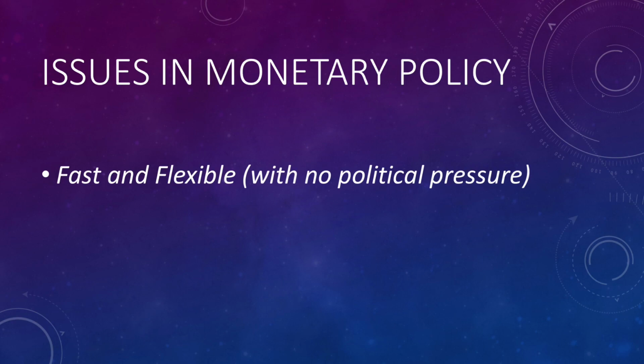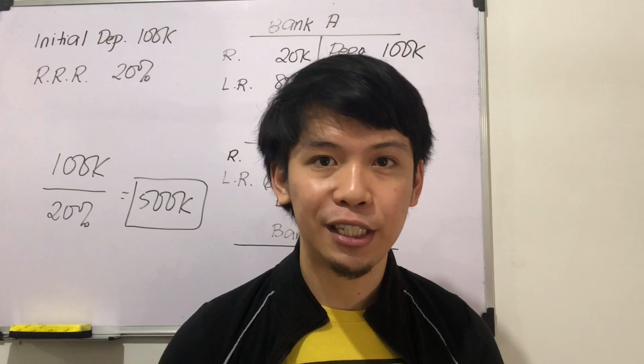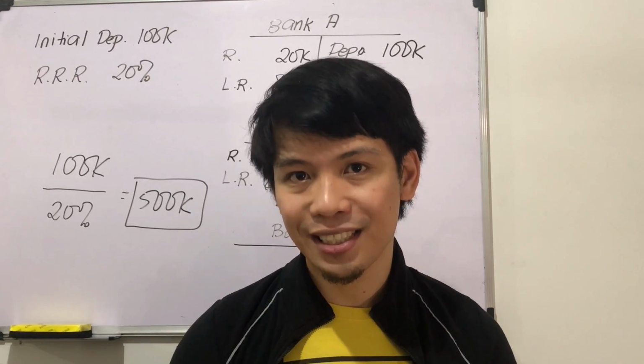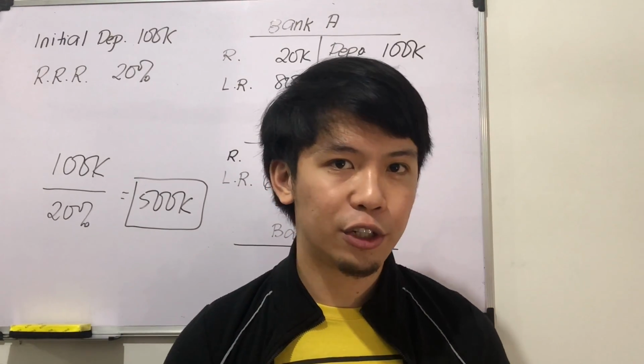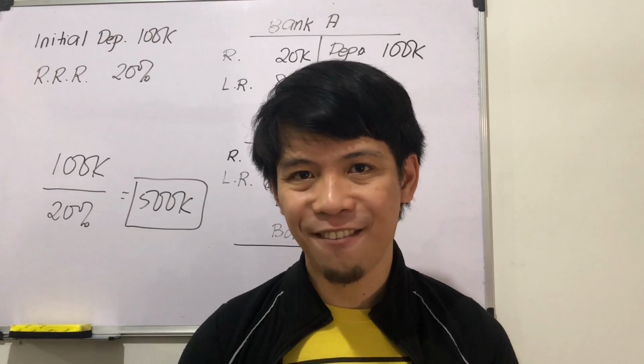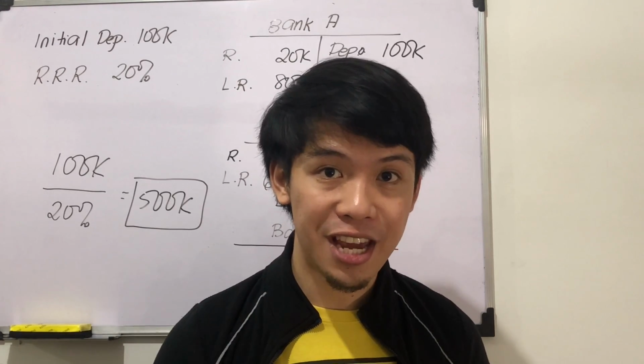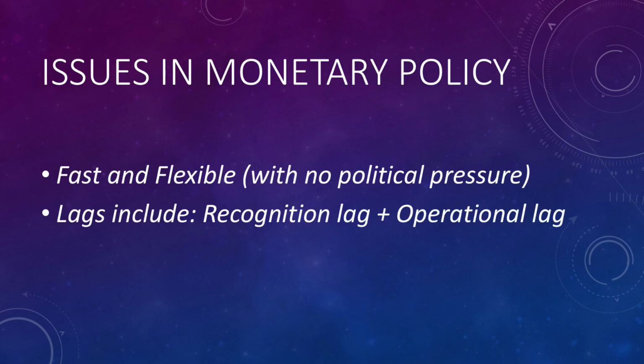Issues in the monetary policy. Compared to fiscal policy, monetary policy is fast and flexible with no political pressures, considering that monetary policy is done in the central bank. Congress or the office of the president will have less influence on such a policy. However, monetary policy also has lags.